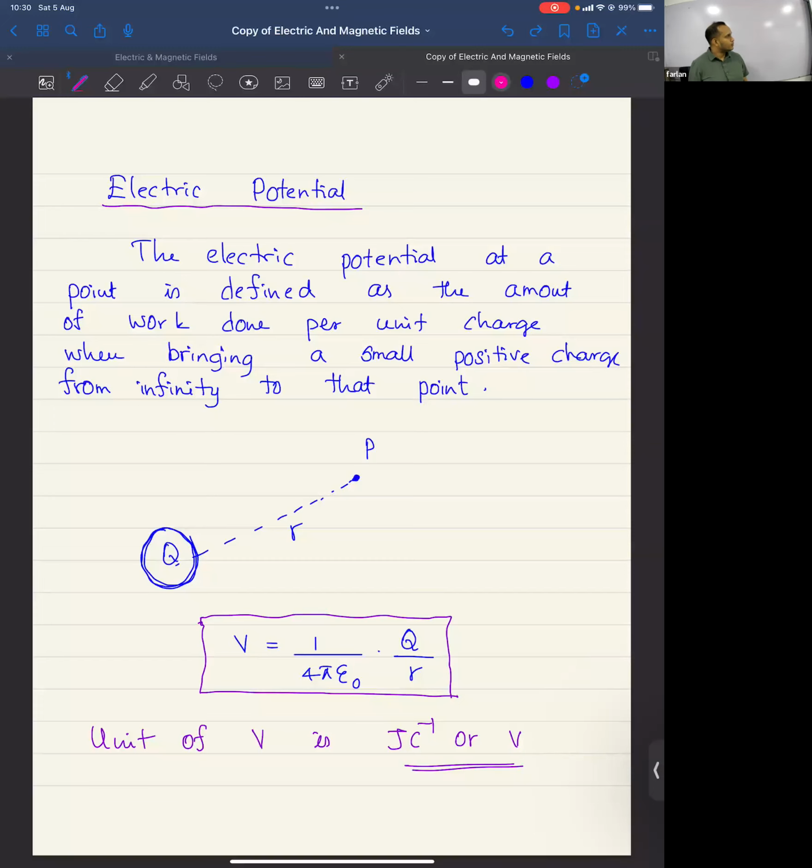So the equation is 1 over 4 pi epsilon naught, Q over R.